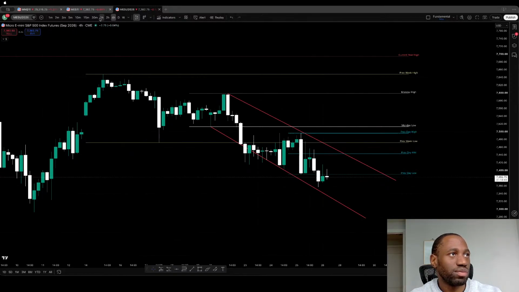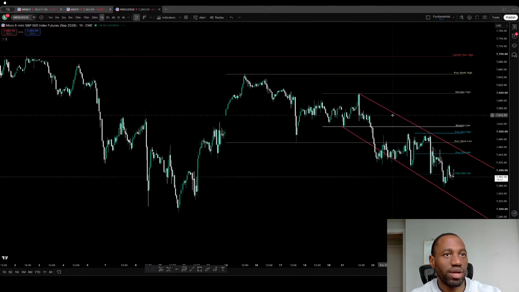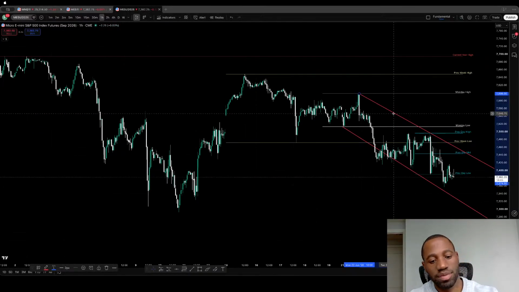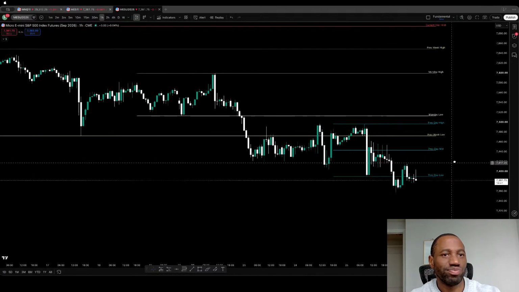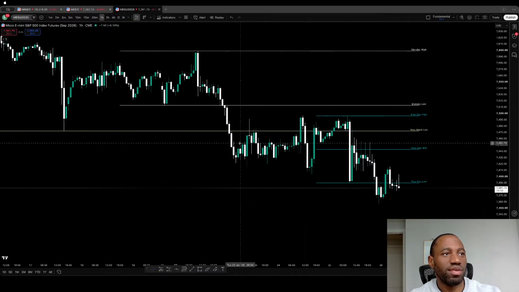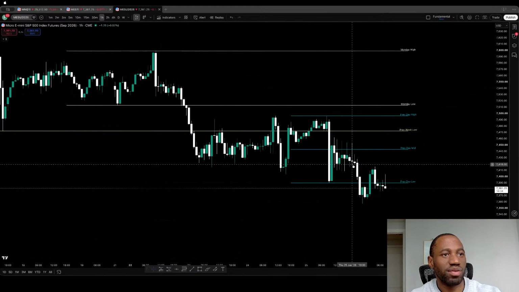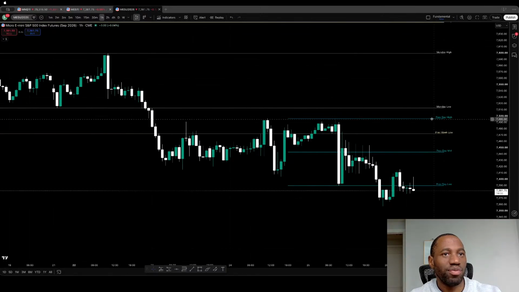So let's go down to our 1 hour time frame, and then we're going to get rid of our lines here because, you know, I like to keep my charts clean. So you can see ever since that Monday sell off, we've been ranging on the ES as well. And then what do we have here? On the previous day high, you can see that we took out liquidity from Wednesday, right?